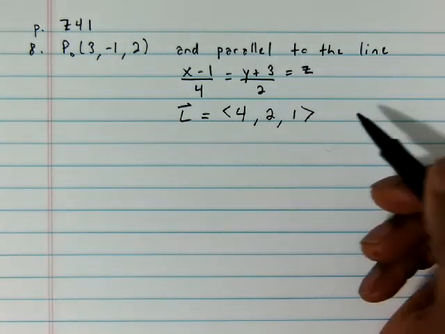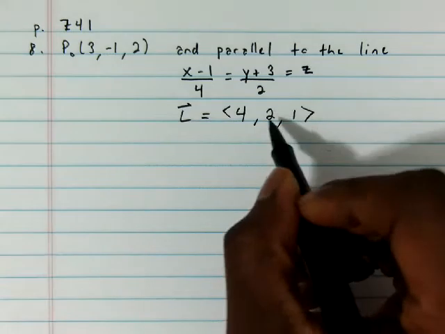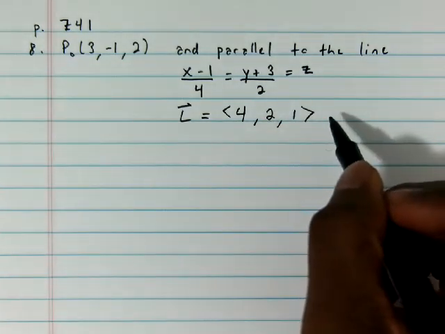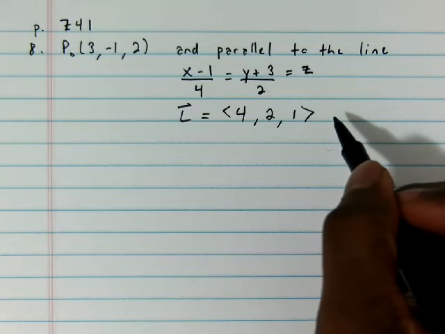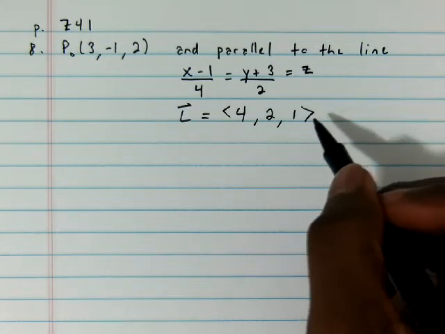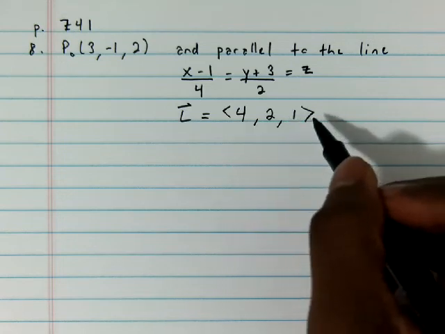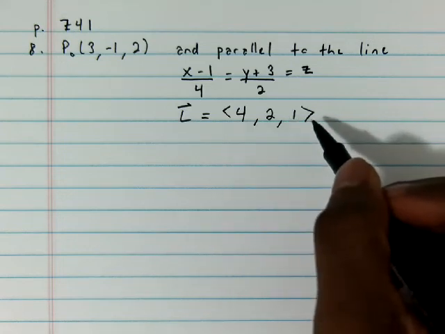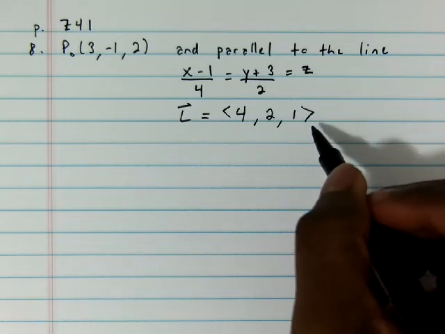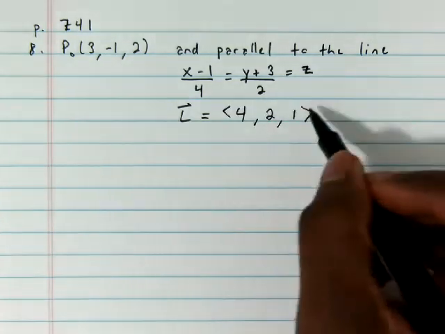But if somebody decided to multiply this vector by pi, as long as you multiply the entire thing by some non-zero constant, it is still a legitimate vector. So somebody could use (4π, 2π, π), and their answer looks different from yours, but it's exactly the same. So it doesn't matter. Any vector that's parallel to this will work.